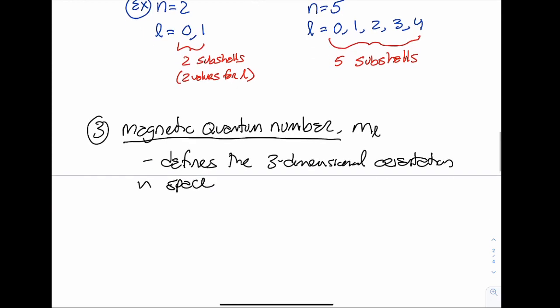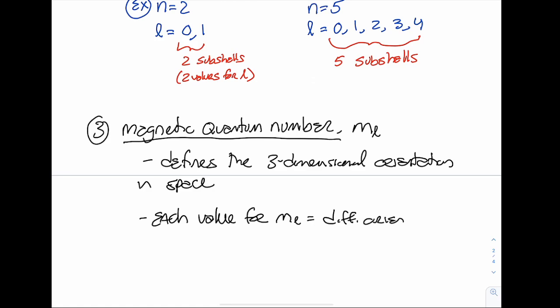Each value for m sub L is a different orbital. So this is how we know the number of orbitals we have per subshell. Each value for m sub L is a different orientation, but it's also a different orbital.